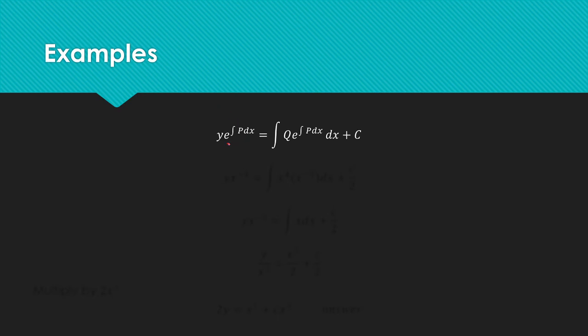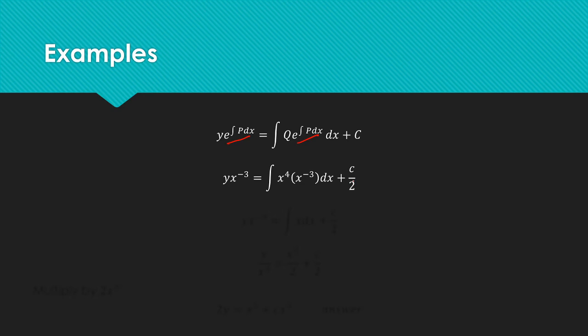Palitan natin itong e raised to p dx saka e raised to p dx na yan. We will have y times x raised to the negative 3 is equal to the integral of x to the 4th power times x raised to the negative 3 dx plus c. Pwedeng wala na itong over 2 muna. Pero, ayan, nilagay lang natin yung c over 2 to anticipate yung resulting na equation.